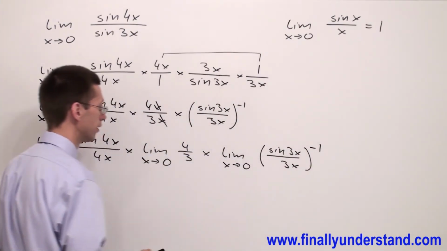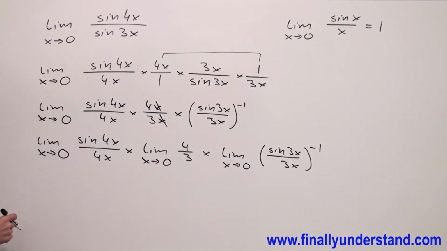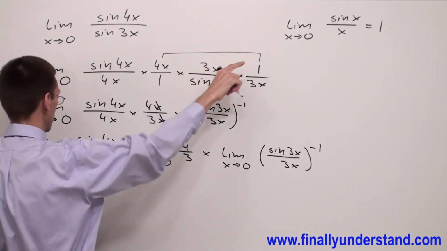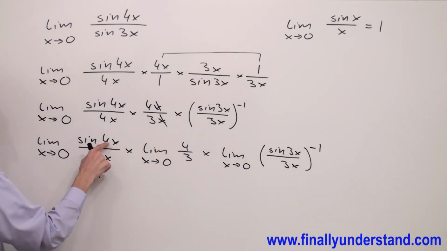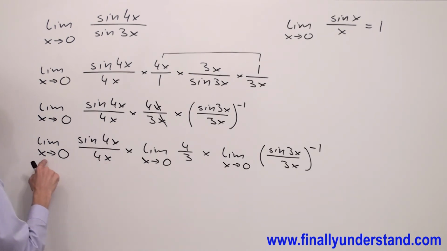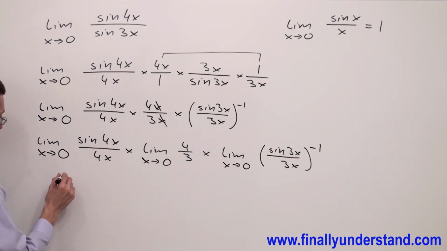I'm going to do everything step by step in order to make you see everything that's going on. According to this formula, sine 4x over 4x with x approaching 0 is equal to 1.